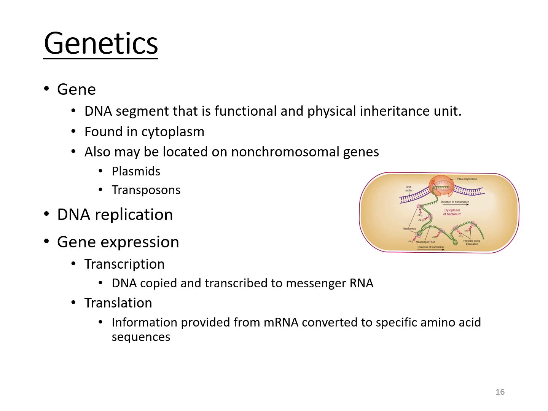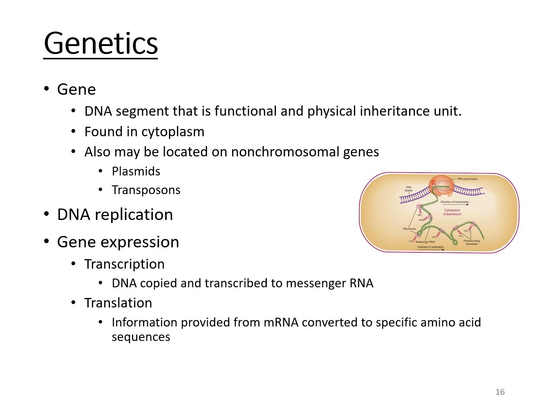In transcription, you actually have that DNA strand that's copied, and then it's transcribed to messenger RNA. Now with translation, that information that is provided from that messenger RNA is then converted to a specific amino acid sequence. So whatever that messenger RNA is coding for, it's basically doing that translation and conversion within that cell.